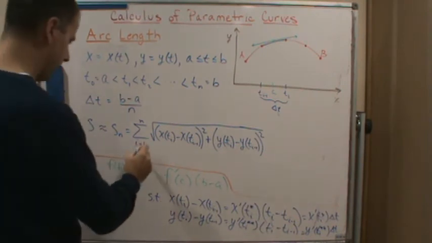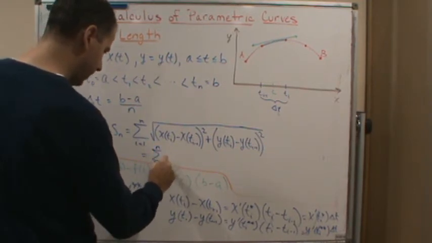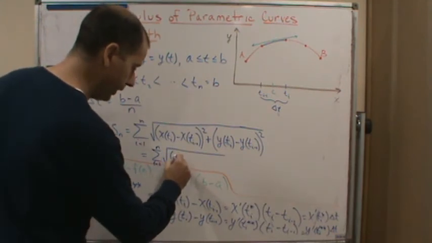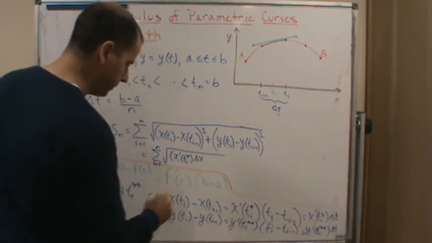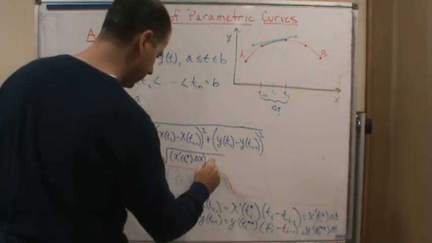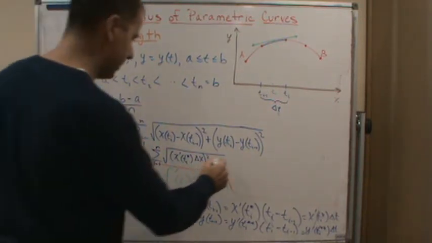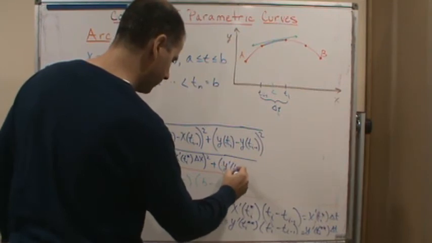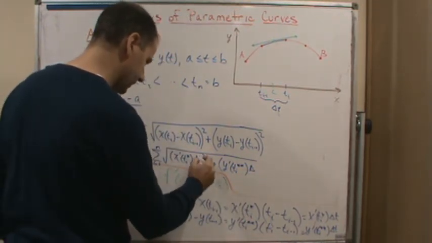This is going to end up equaling the sum as i equals 1 to n of x prime of t sub i star times delta t, quantity squared, plus y prime of t sub i double star times, I keep saying delta x, not delta x, delta t.